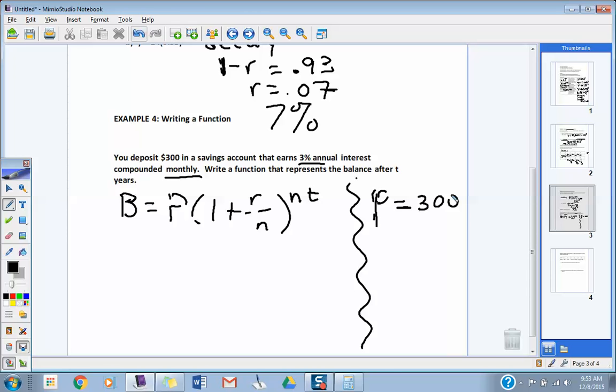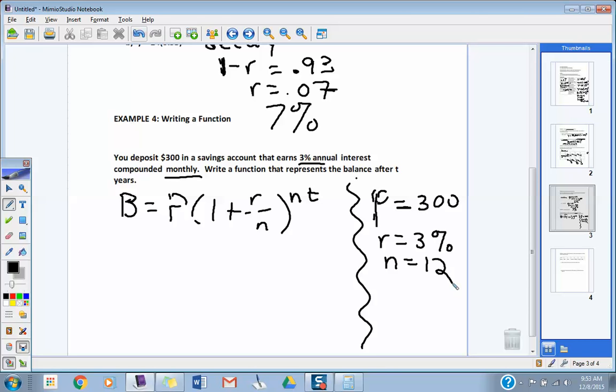What's your R value? What's your percentage rate? R is 3%. Okay. How about the N? How many times are we compounding this? 12 times, right? Let's fill in what we know.